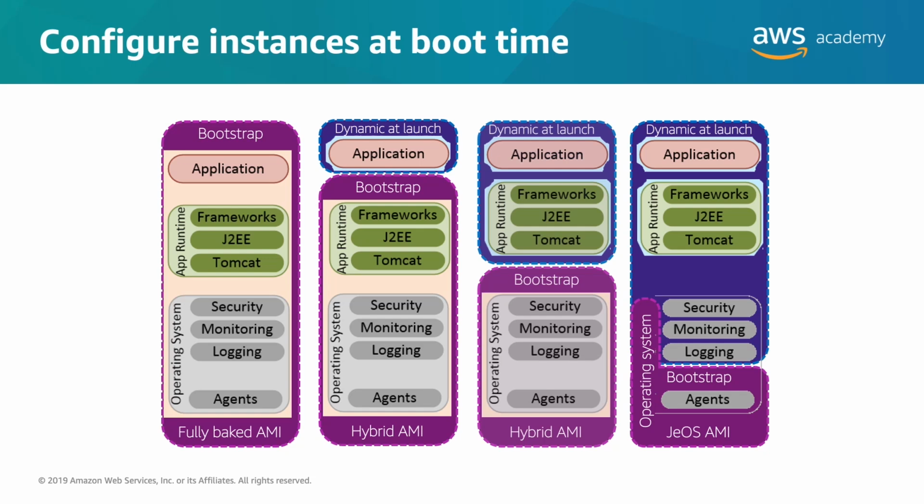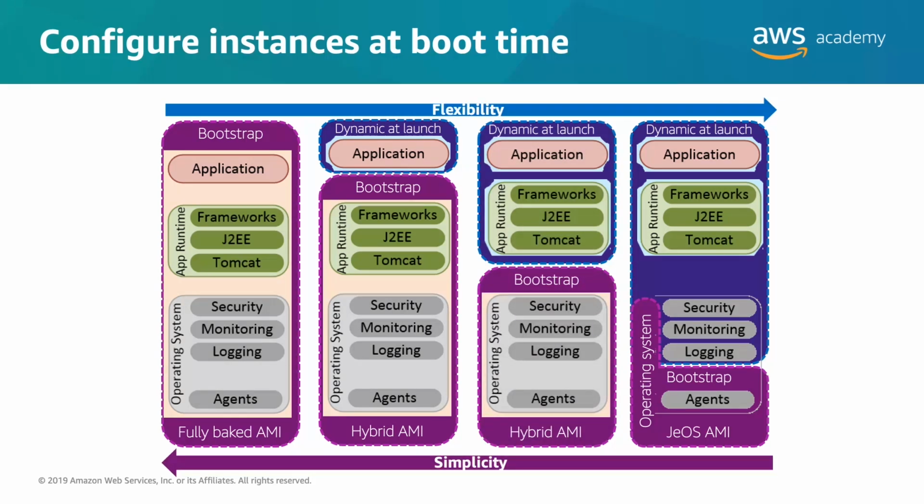Discovering the ideal approach to AMI management means that you must consider the trade-offs between simplicity and flexibility. A fully baked AMI boots faster but takes longer to produce and build. A plain AMI that uses user data will take a long time to boot due to the installs that take place during launch.